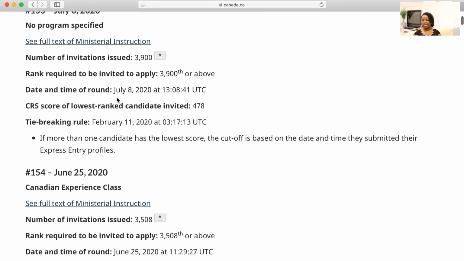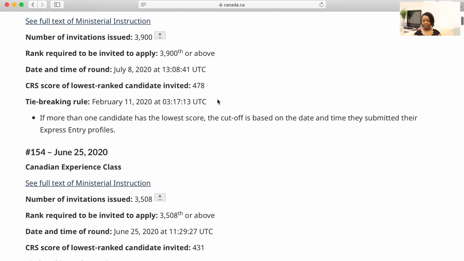We can say that because there's usually just one principal applicant in the family, the person that is maybe most qualified or most highly skilled, that has the highest number of points. So your kids and spouse would still be there, but they're not part of this 3,900. Okay, so just keep that in mind. And so yes, this draw happened on July 8th at 1 p.m.